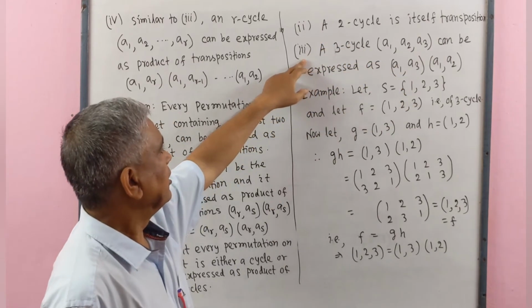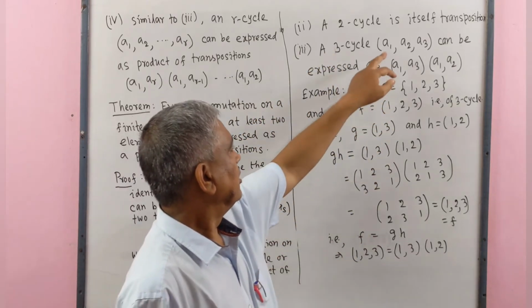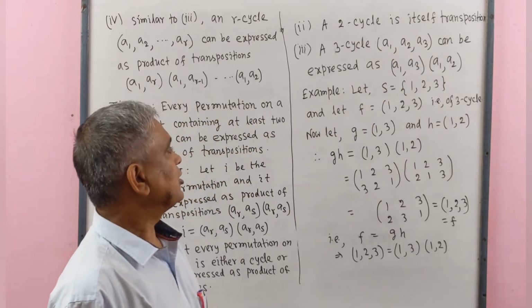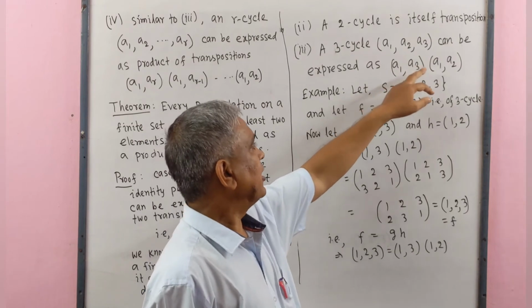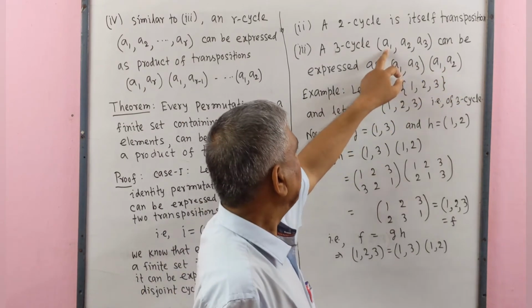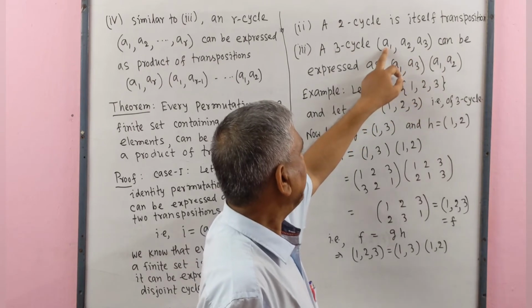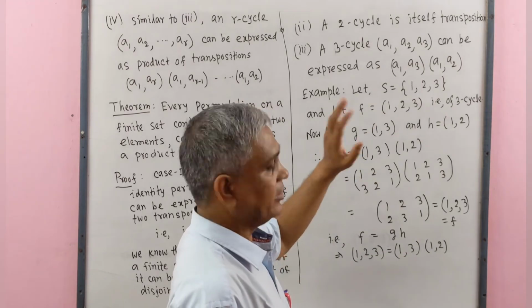Number 3, a 3-cycle (A1, A2, A3) can be expressed as product of two transpositions (A1, A3) multiply (A1, A2). Now we examine this.